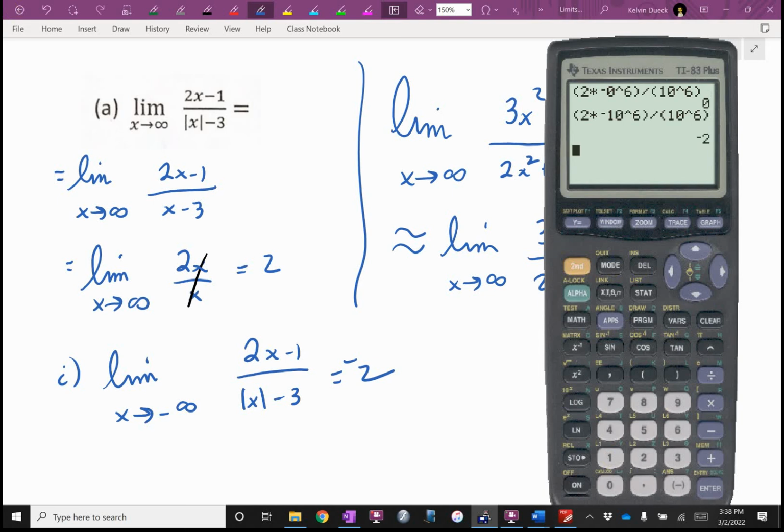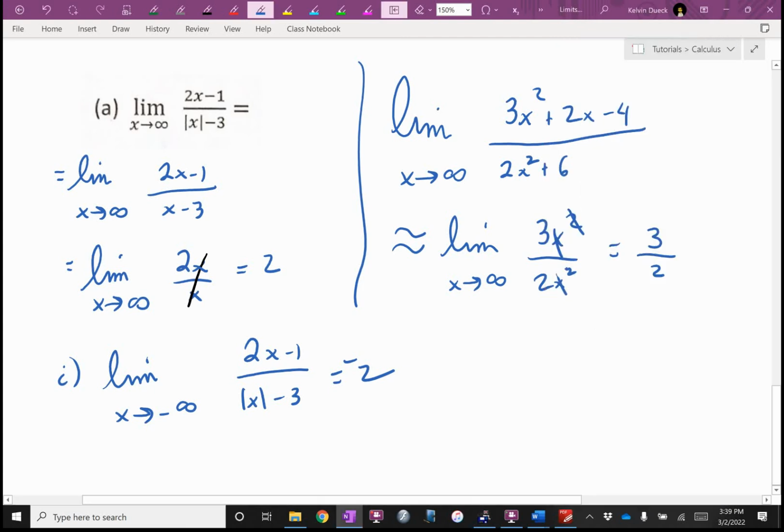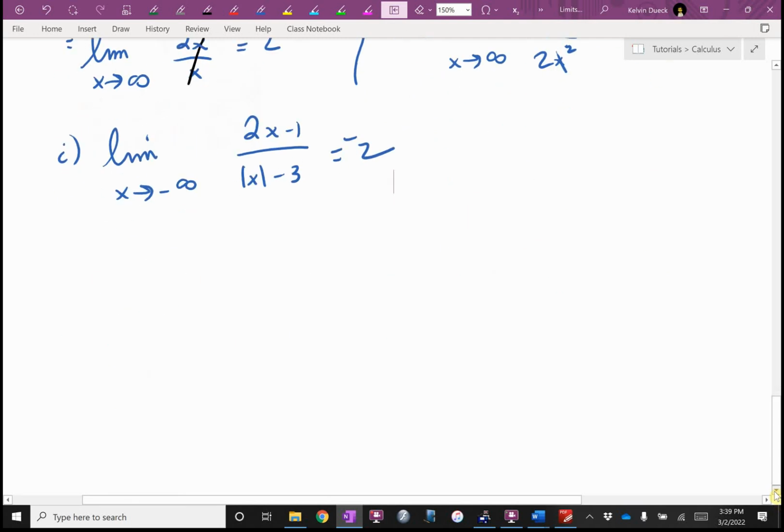And there you go. Even by putting in 1,000,000, my calculator couldn't keep track of the decimals. It's not exactly 2, but it's close enough. And I said it's 2. It's minus 2. Owen, thank you. I owe you a candy.